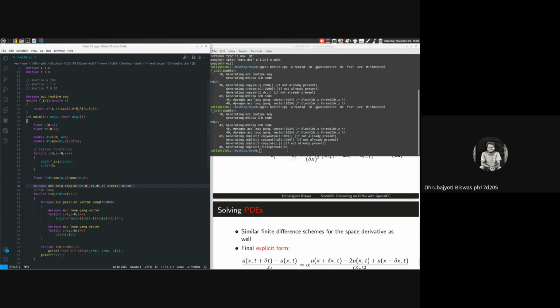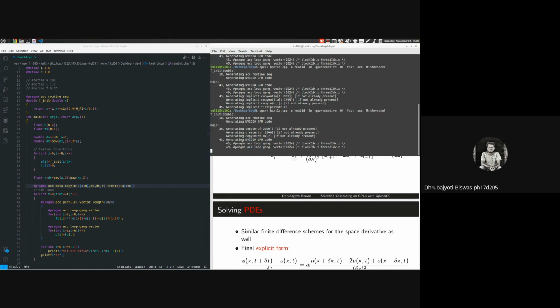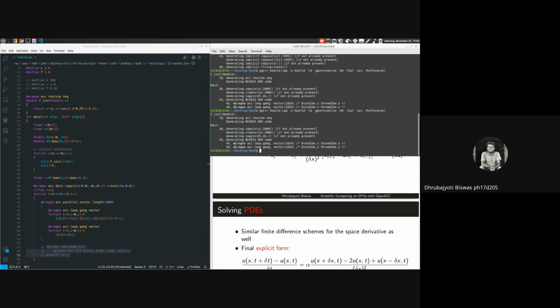So we are doing that copy outside the time loop, because to do the time iteration, we don't need to copy the data to the GPU, to the CPU, sorry. And okay, since we are not going to print it, we'll just comment out this line. We will see how fast or how slow it executes. So let's first execute it on, maybe on the CPU.